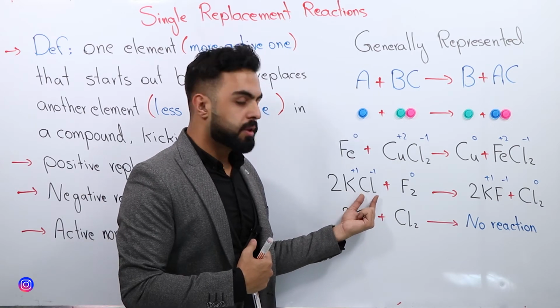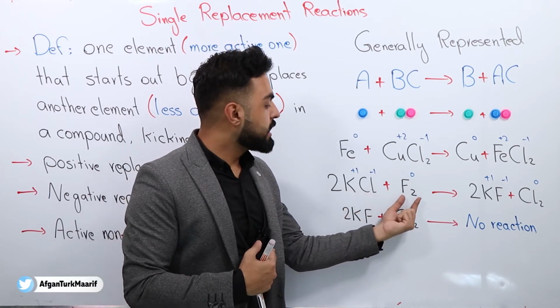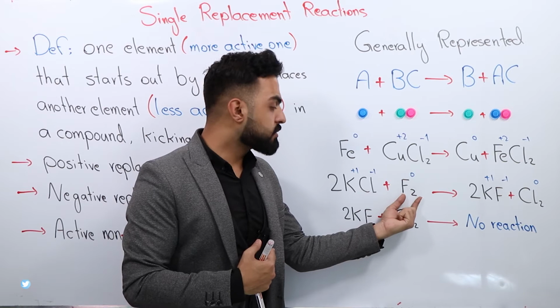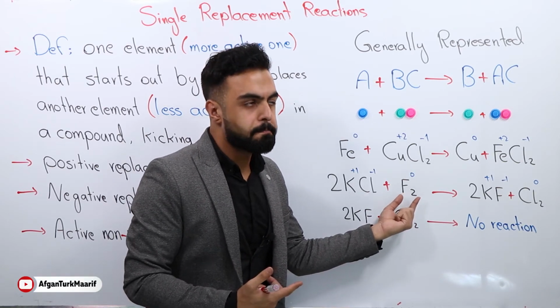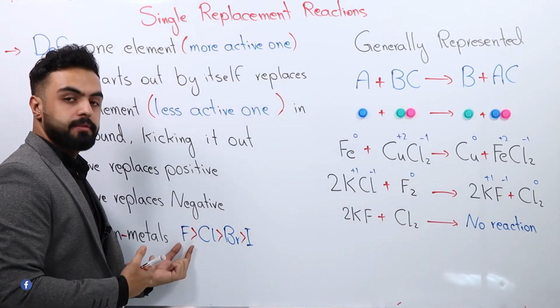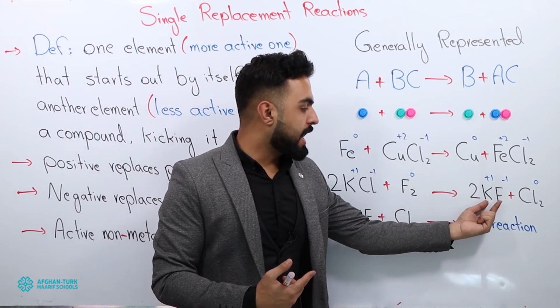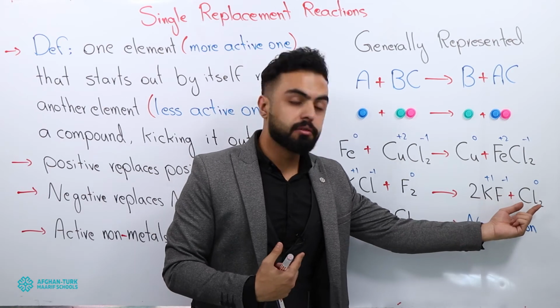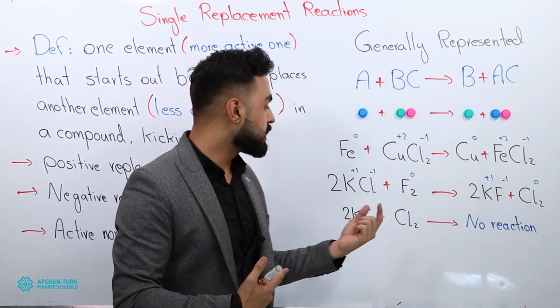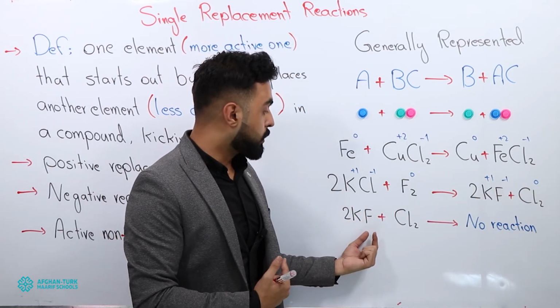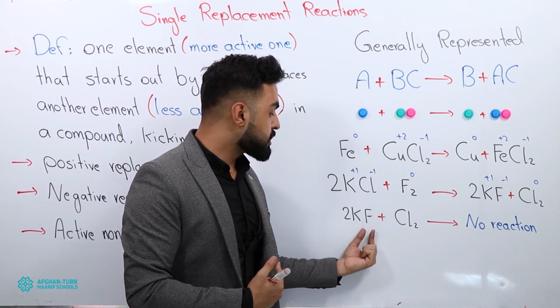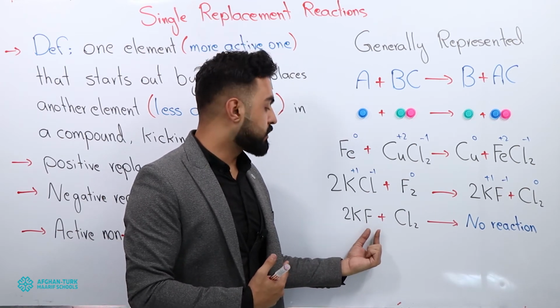Potassium with chlorine, potassium chloride, reacts with fluorine because fluorine is more active. That's why it can replace the chlorine, and then we have potassium fluoride and chlorine is out of the compound. But here, so important, fluorine, potassium and fluorine, they are reacted with each other.